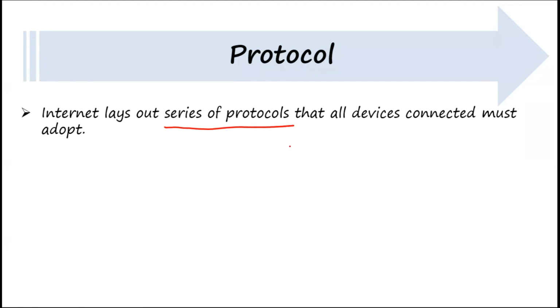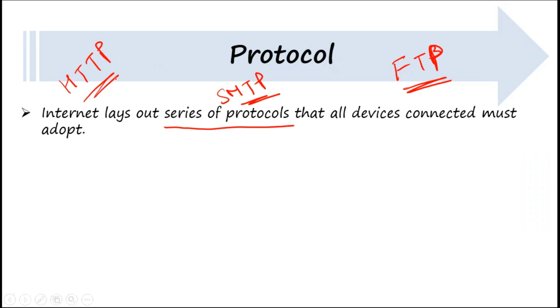In our previous lectures, we discussed very briefly some of them, like for emails, there is SMTP, Simple Mail Transfer Protocol. For file transfer, there is FTP, that is File Transfer Protocol, and so much more. The web browsers use HTTP, that is Hypertext Transfer Protocol. So there is a series of protocols that all connected devices must adopt.